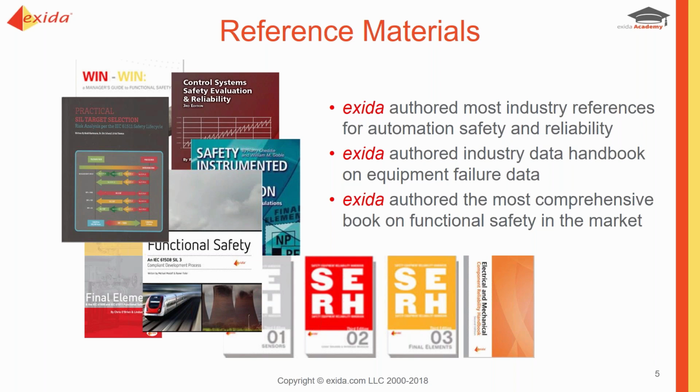The SERH, for example, that's shown here is the Safety Equipment Reliability Handbook, and a 4th volume is coming out. These contain the failure rates of most types of equipment you would find in process safety applications. This is the database that is built into the exSILentia tool, which makes it very powerful.